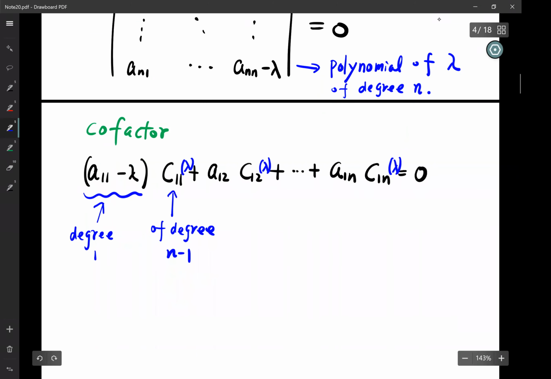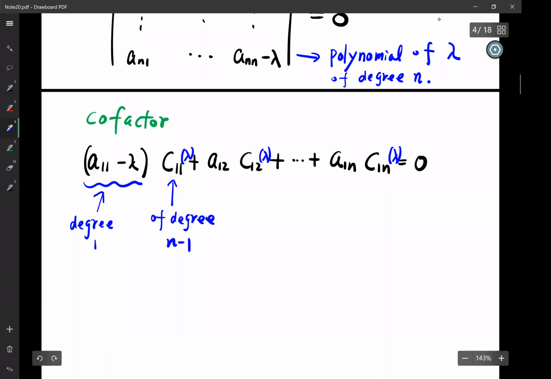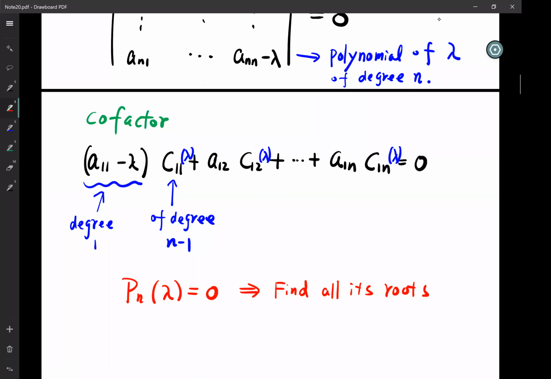So this equation, the determinant of A minus lambda I equal to 0, must be of the form Pn of lambda equal to 0, and we just find all its roots, and we get the eigenvalues.